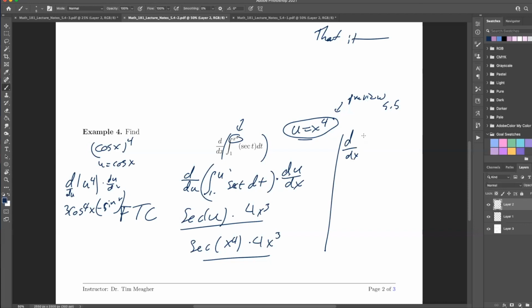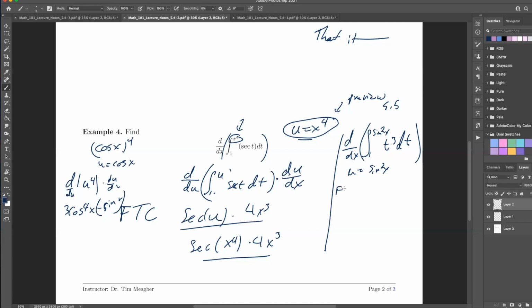So let's pretend we had d dx of the integral from 1 to sine squared x of t cubed dt. So how would I do this? I would say u is equal to sine squared x. And so I take the integral.